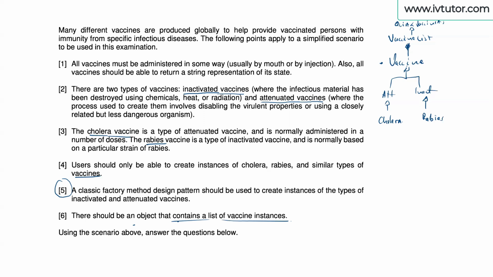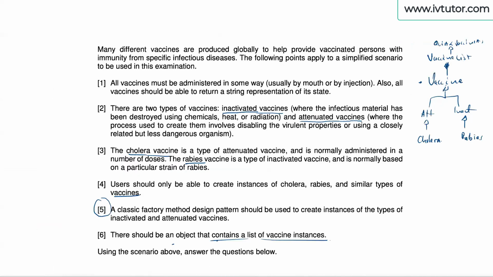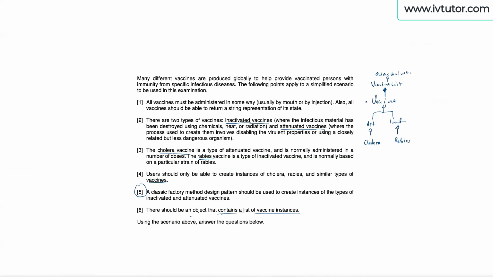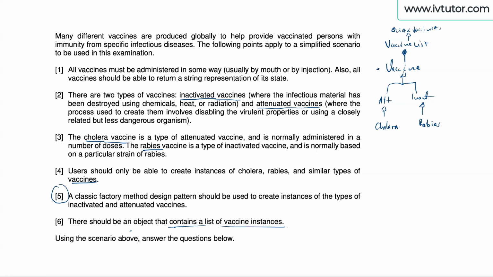No client was required, just the diagram. And then there was a comparison between the factory method and the abstract factory method design pattern as part of this question. All right, so the question now is, where do we fit in the factory method design pattern?